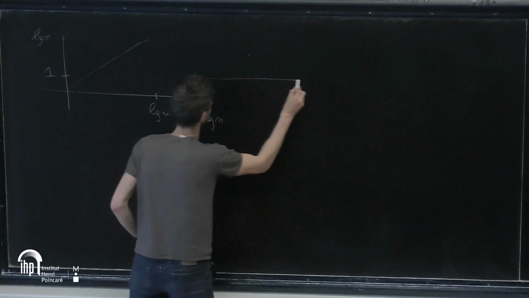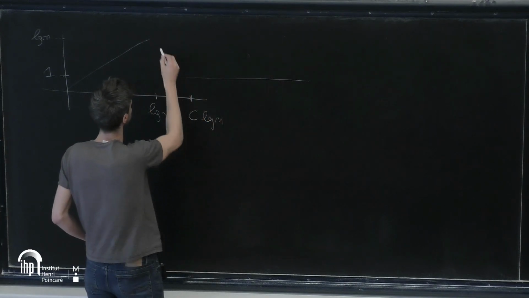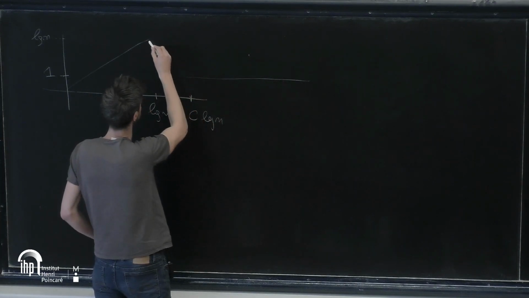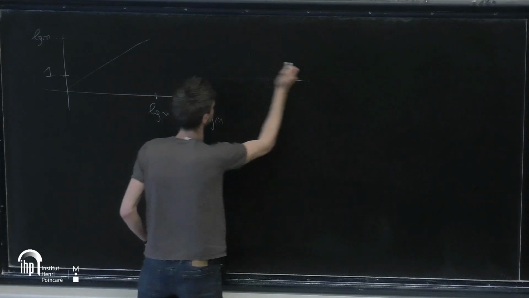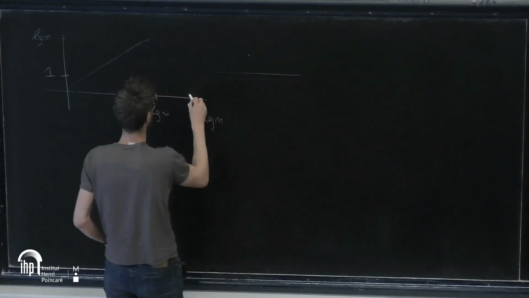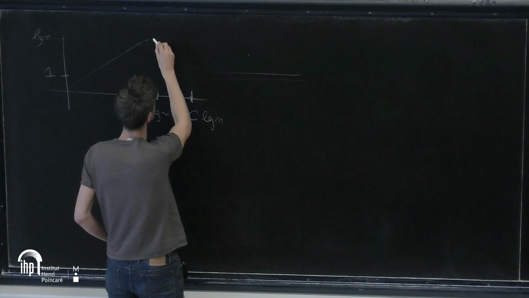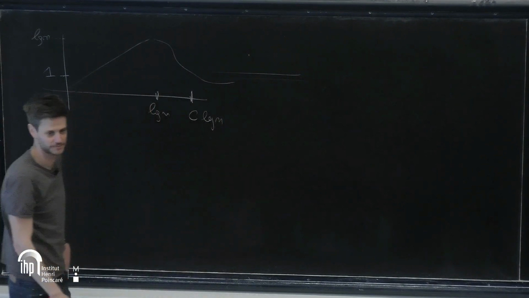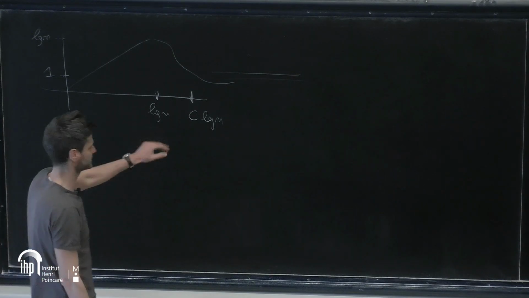So somewhere in between log n and c log n, it decreases to here. That's the way it is. I'm a bit confused because I'm more used to the normalization t equals 1 over s, but I think this is the picture.